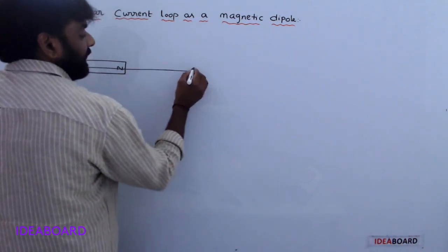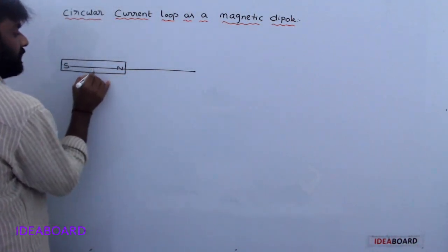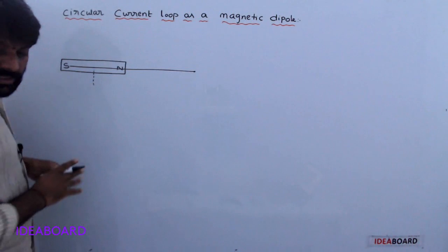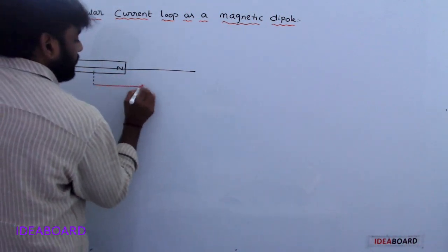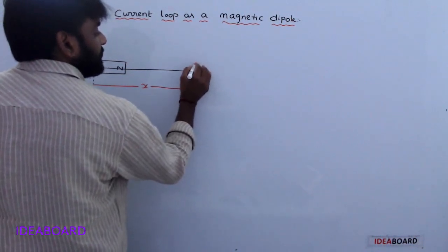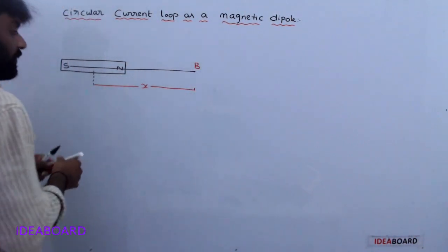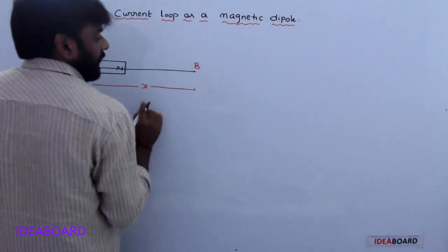On the axial line at a certain distance x from the center, the magnetic field intensity is B, and its direction is outwards.